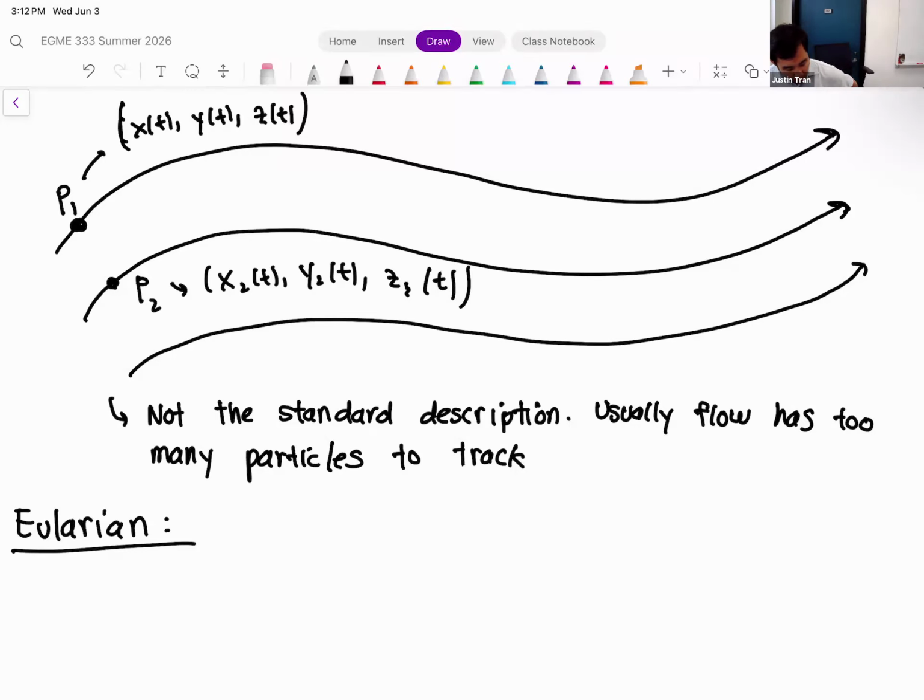Okay? So the Eulerian description uses the concept of a field to describe fluid properties as functions of space and time.